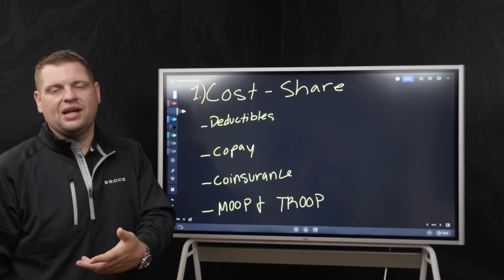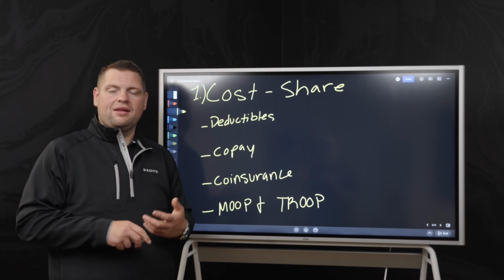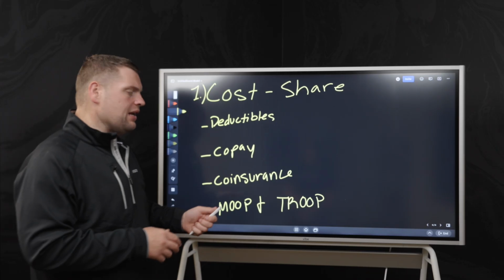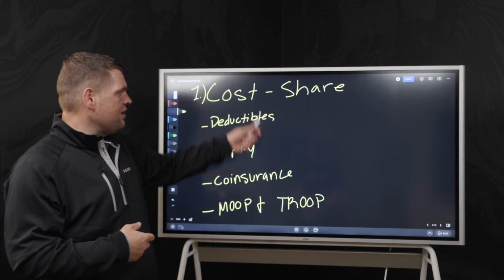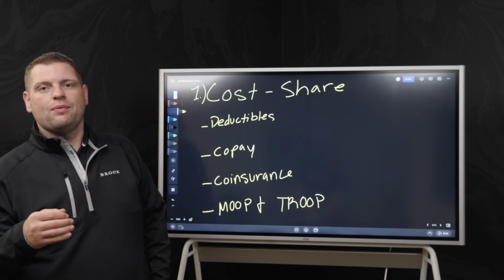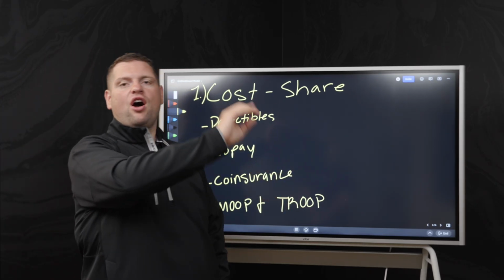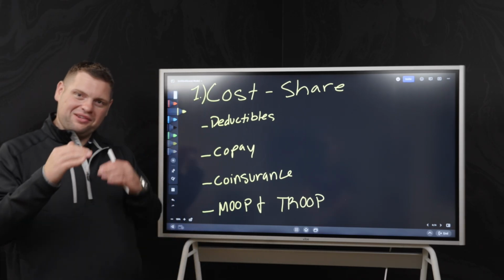I'm paying 20% of my services, and maybe I start some kind of treatment, like chemotherapy, and I end up spending $10,000 total out of my pocket between these cost shares. My MOOP then kicks in and the insurance company would take over and pay everything 100% at that point. So MOOP is a really good term. We like that term. It means that there's a stop loss.